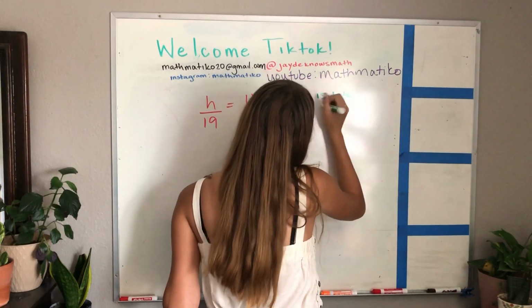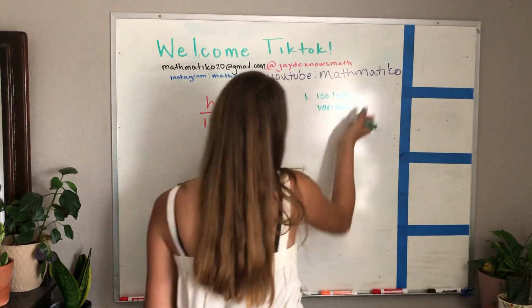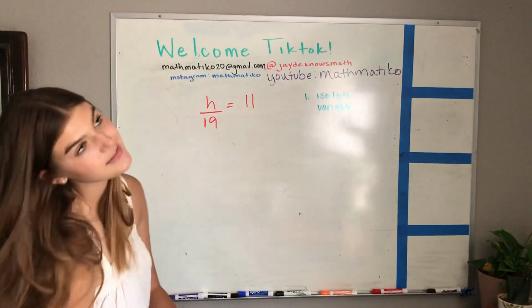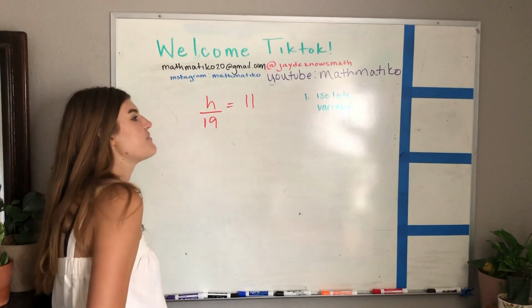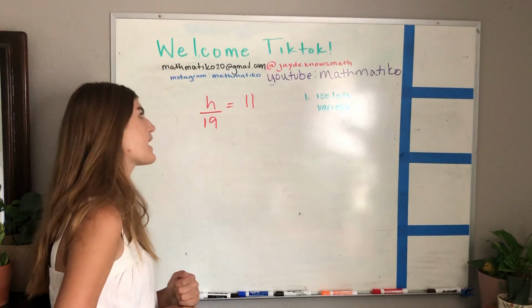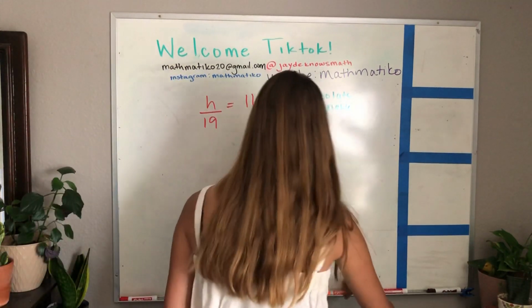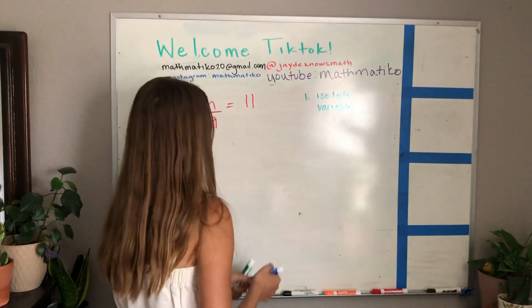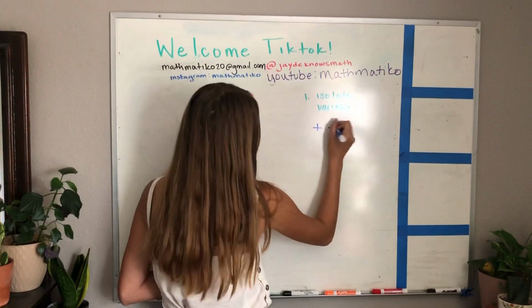A variable will always be a letter. Well, usually it will be a letter. It can be X, it can be Y, it can be H, it can be J. Any letter really, it just stands for an unknown. So first thing we're going to do is isolate a variable. What we need to know to isolate a variable is our opposites. Positive and negatives are opposites.